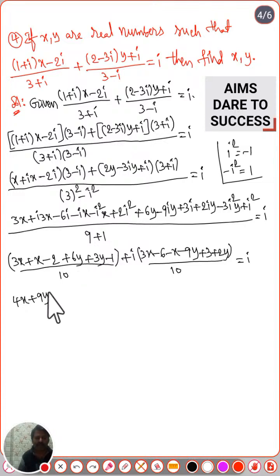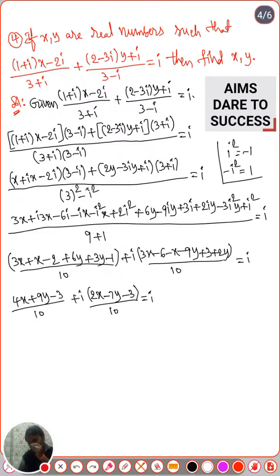Minus 2 minus 1 is minus 3, divided by 10, plus i into 3x minus x is 2x. Next, 2y minus 9y is minus 7y. Next, 3 minus 6 is minus 3, divided by 10, is equal to i.